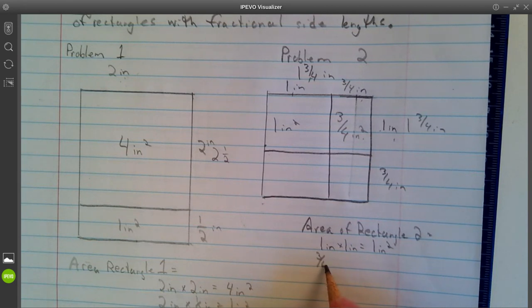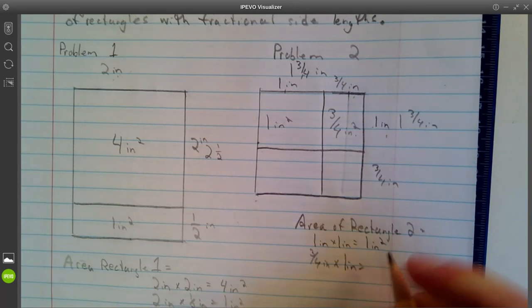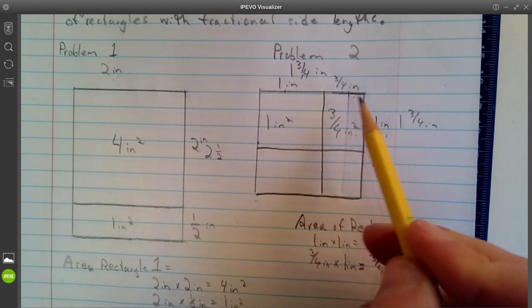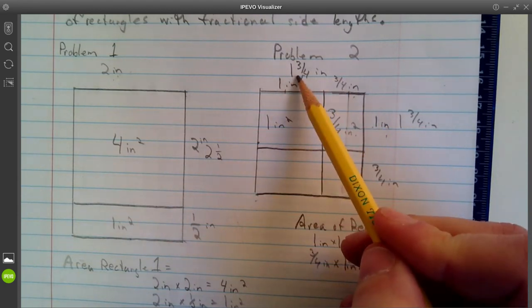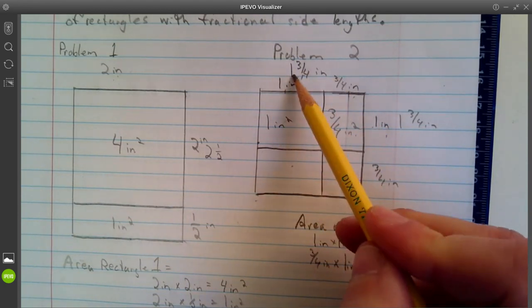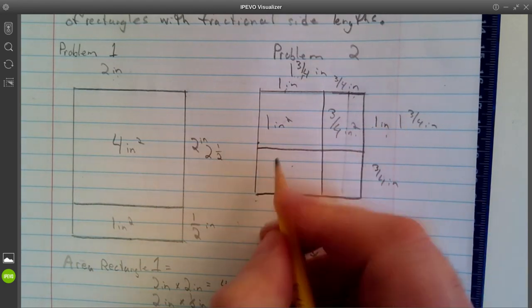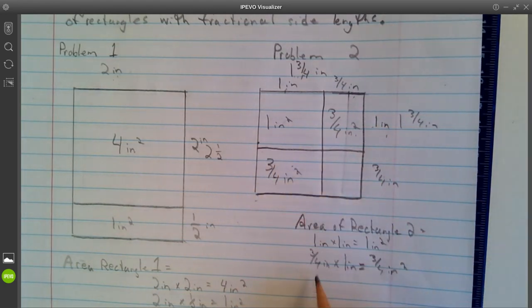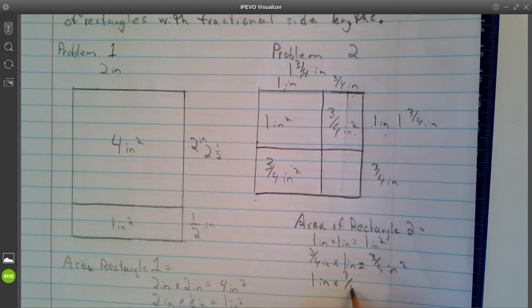So 3/4 inches by 1 inch equals 3/4 square inches. And then we have 1 times 3/4 down here. So again, 1 inch times 3/4 inches equals 3/4 square inches.